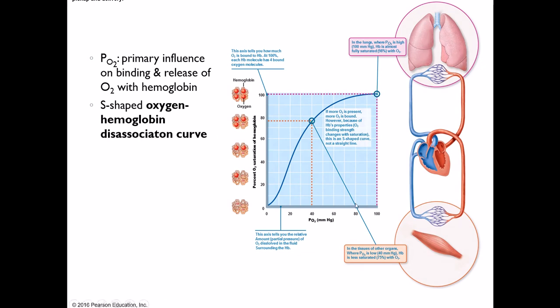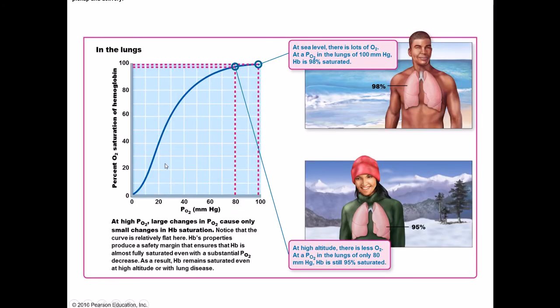The reason this S shape in the curve is important is because even if the partial pressure of oxygen changes, we still have so much oxygen stored on our hemoglobin that it doesn't really affect us. So the best way to think of this is to look at a sea level versus a high altitude example.